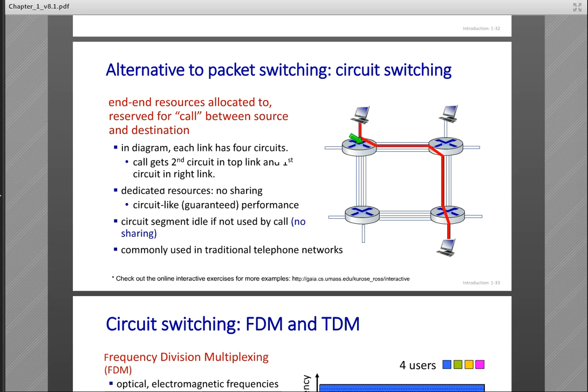This is another type of switching. So we have packet switching versus circuit switching. Next week, inshallah, I will talk more about these types of switching. Read the source book.